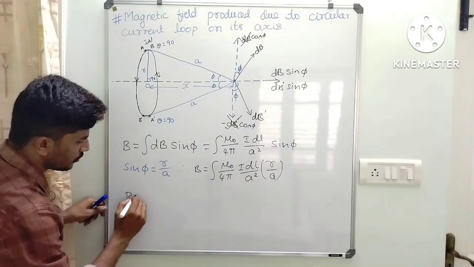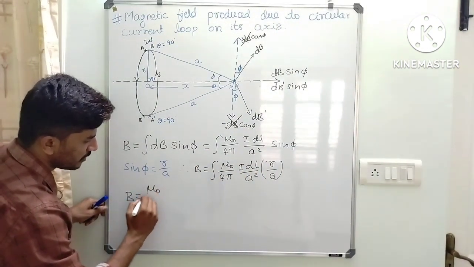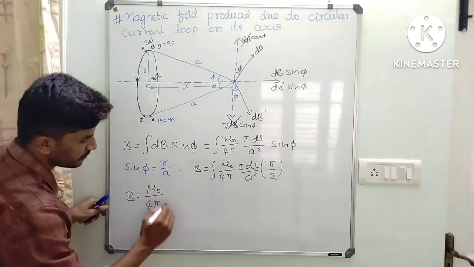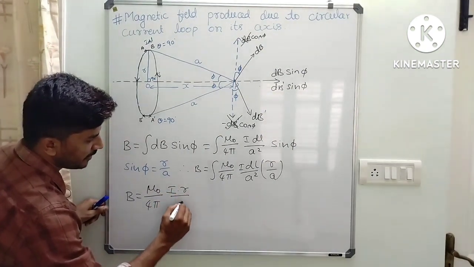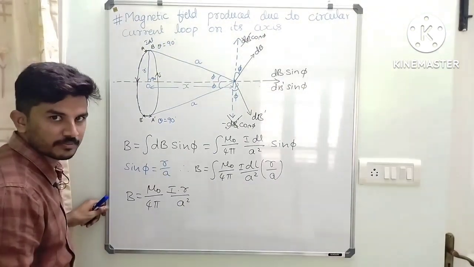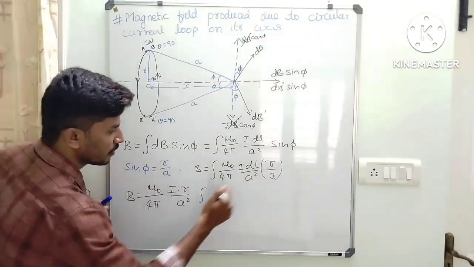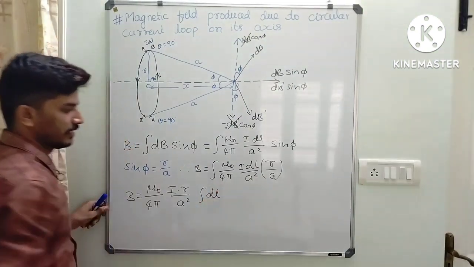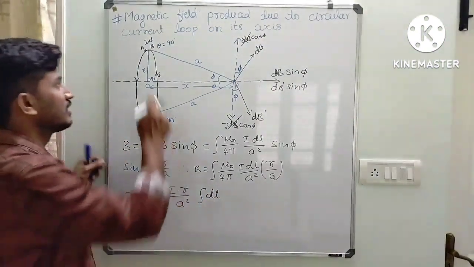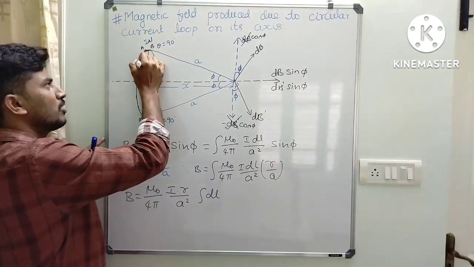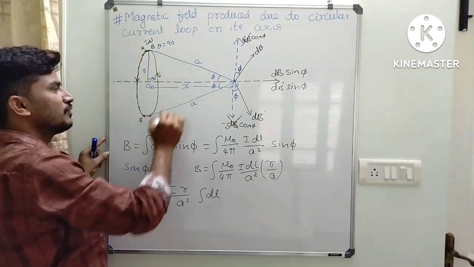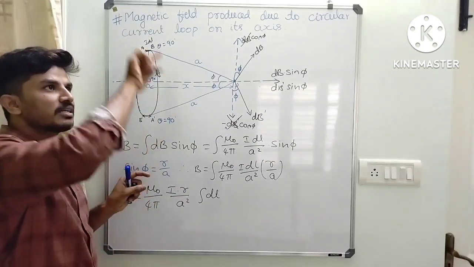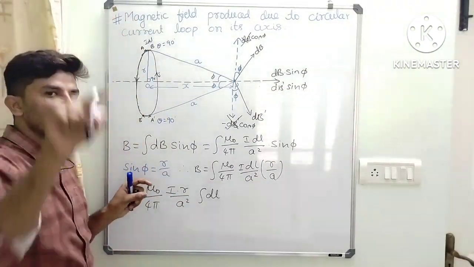So B is equal to mu naught by 4 pi, I into r divided by a cube, into the integration of dl. What is the integration of dl? The sum of all small length elements, dl plus dl plus dl plus dl plus dl. So it will give you the total circumference of the loop.